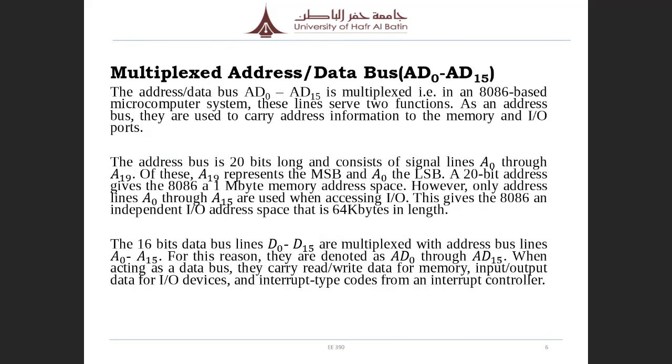Okay, so address and data bus. You know that AD0 to AD15, as I said before, are used for address and also used for data. At the beginning, for any kind of operation, these 16 pins are used for address, and later on they are used for data.